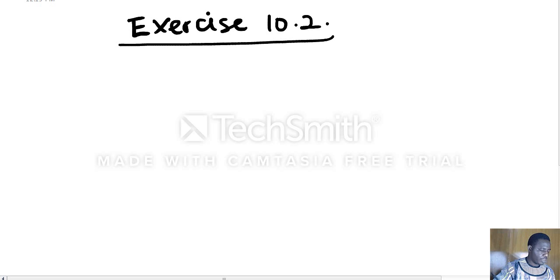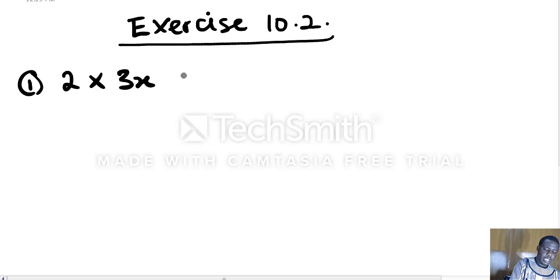So we are going to be solving more examples on exercise 10.2, which says we should simplify each of the following. And the first one says 2 times 3x, which is equal to 2 times 3 is 6x.